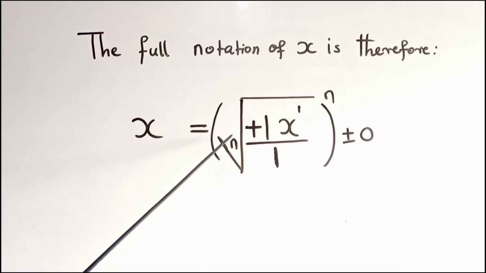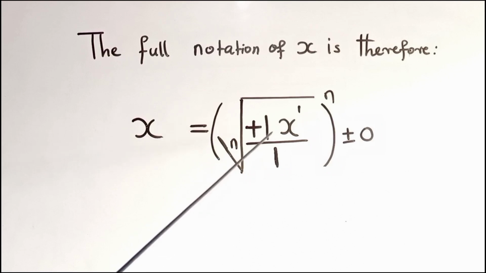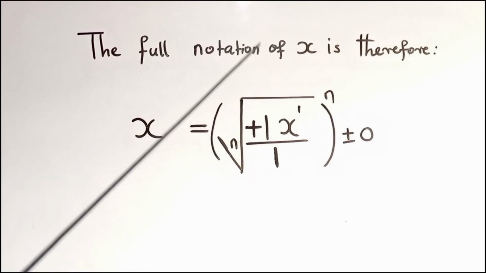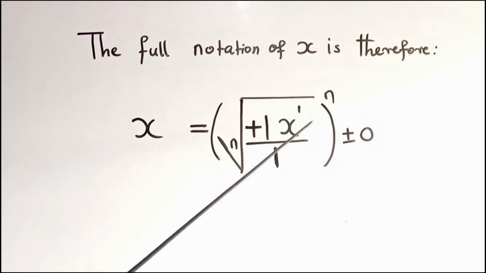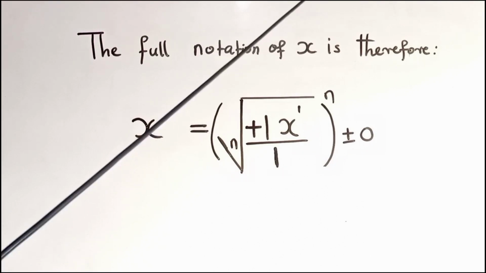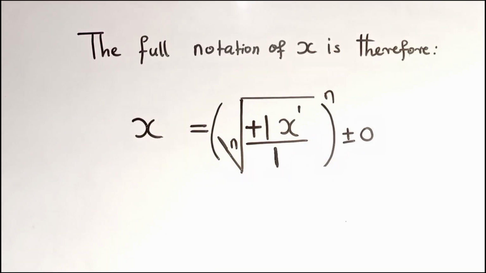Then, square root of, cube root of, fourth root of the X, as the case may be, all to the power of the same degree will give us the same X. Don't forget. Then here, we have on the right hand side this sign.